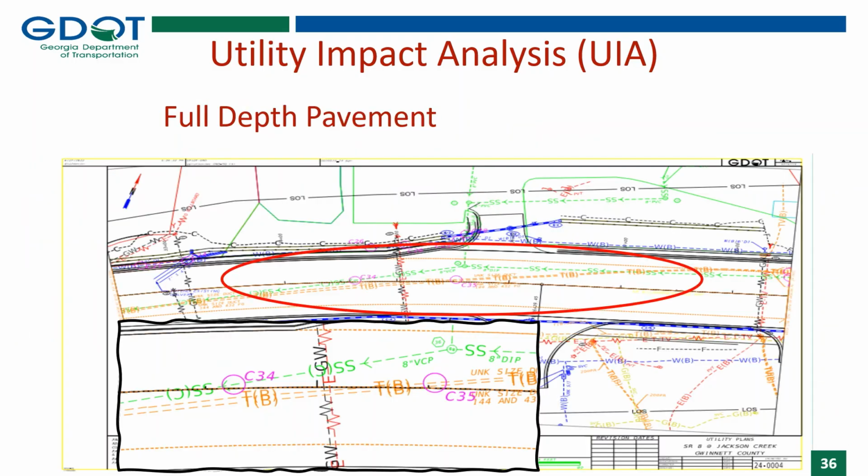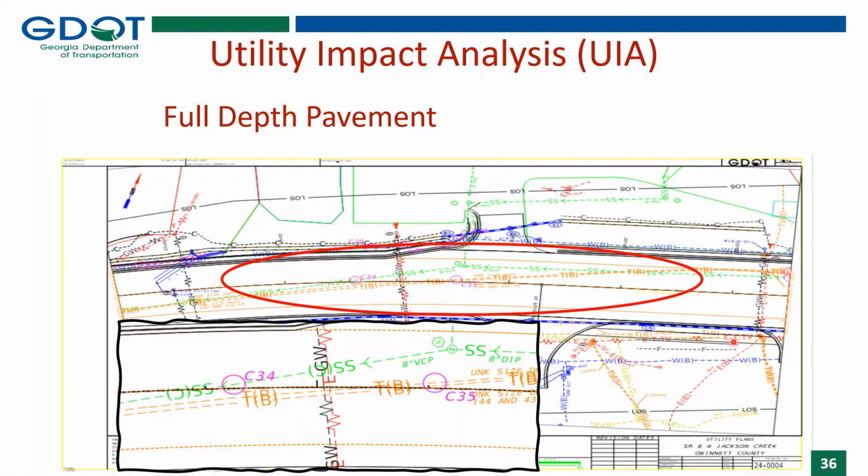All right, moving on to another scenario. Full depth pavement. Utilities that will be under the road bed and potential full depth pavement. Well, full depth pavement is proposed by the project, we need to show this full depth pavement as conflicts in the UIA.